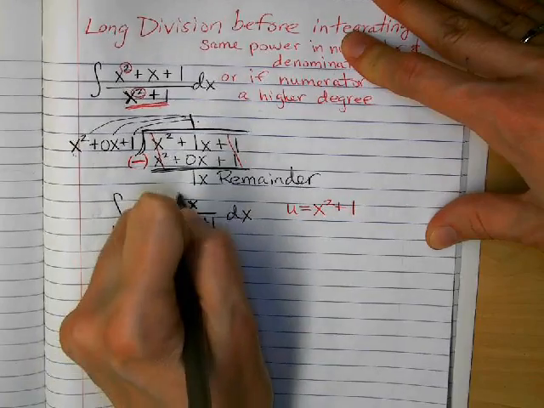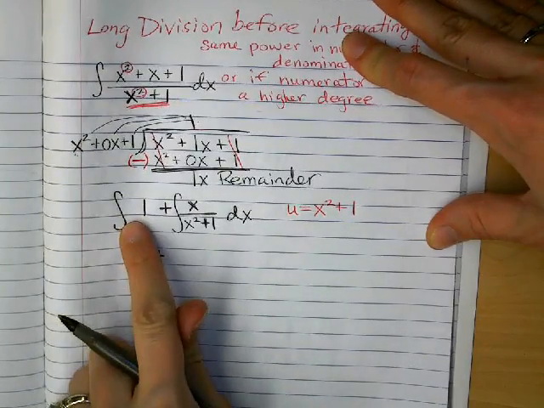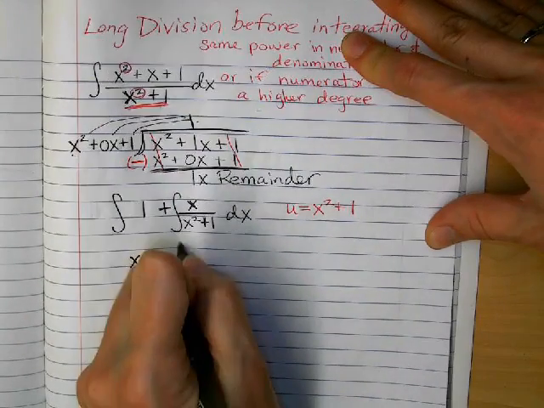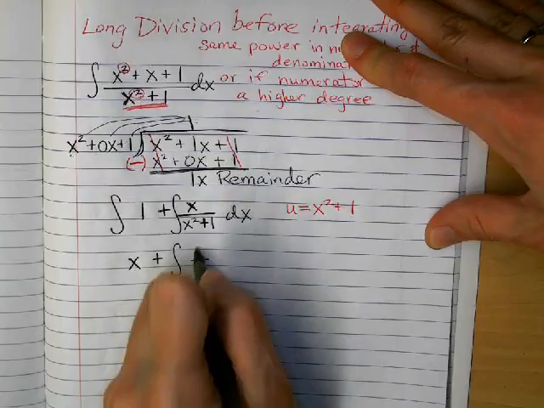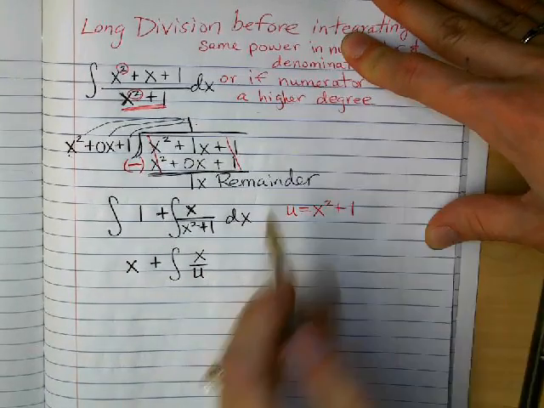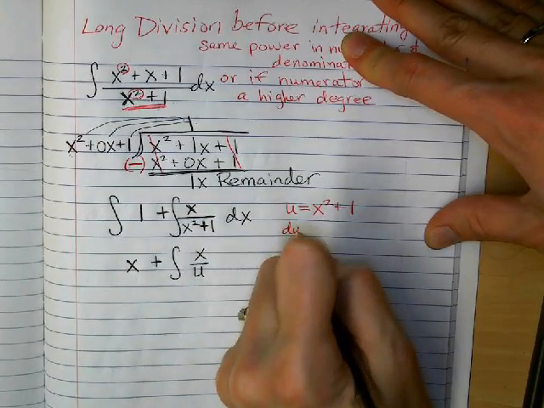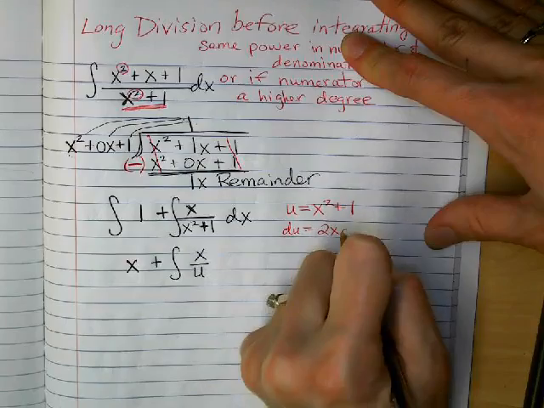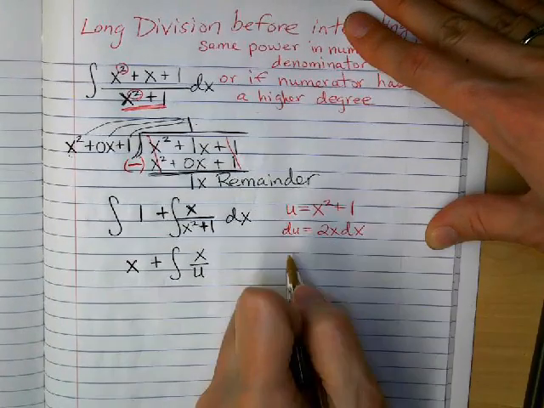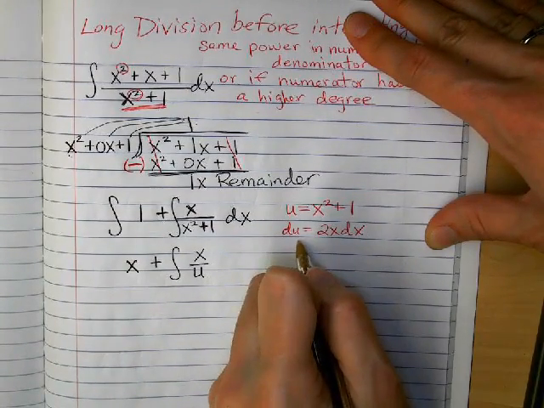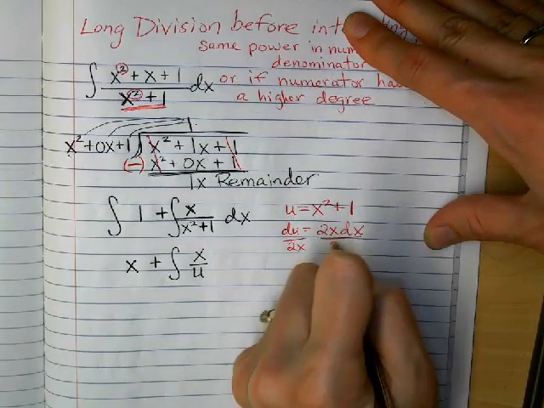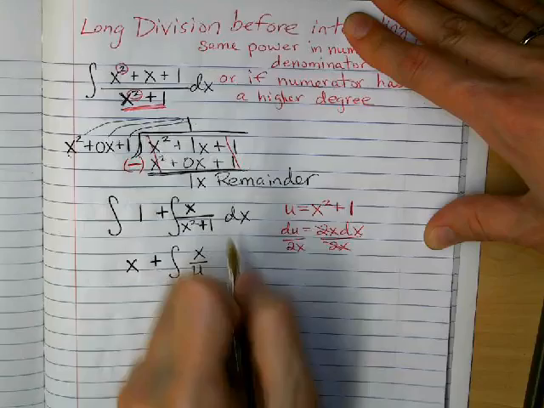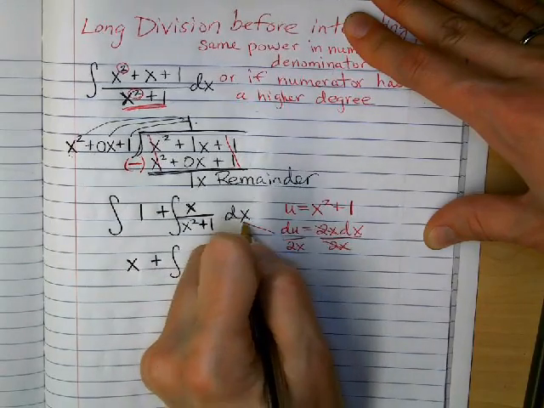What's the derivative of u? 2x. Solve this for dx, so du divided by 2x. So this dx, I replace with du over 2x.